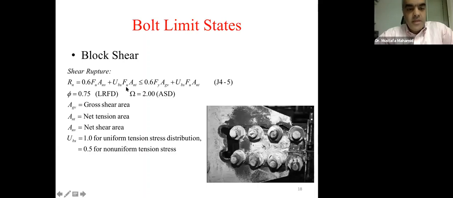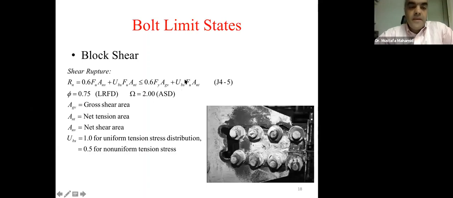F sub u is the ultimate strength of the material, and Ant is the net tension area at the location of the bolts here. This has to be compared with the shear yield strength, which is 0.6 F sub y times the gross shear area Agv plus Ubs times F sub u times Ant. That's the tension component.